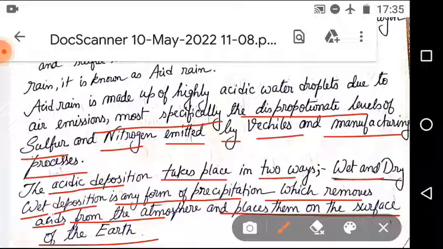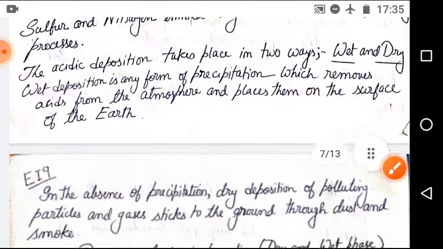This precipitation interacts with the gases to form acid and falls. That is called wet deposition.